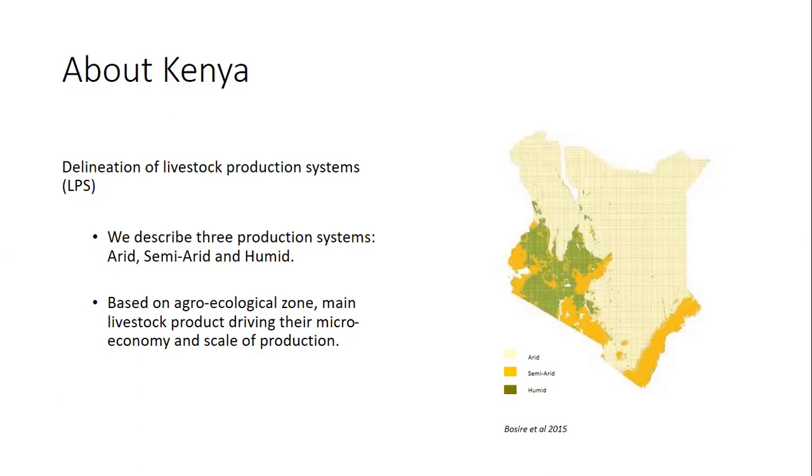And that's why I showed beef in the previous slides on how it will grow, because we know for Kenya, the arid and semi-arid areas predominantly focus on production of beef, though there is production of dairy products for home consumption. So for this presentation, I'll be highlighting dairy production in the semi-arid towards arid systems.